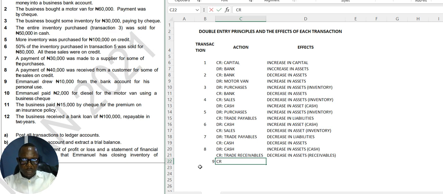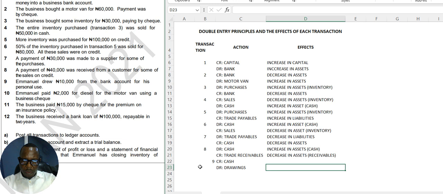So you credit cash and you debit drawings. So this transaction shows that there is a decrease in assets and a decrease in capital.